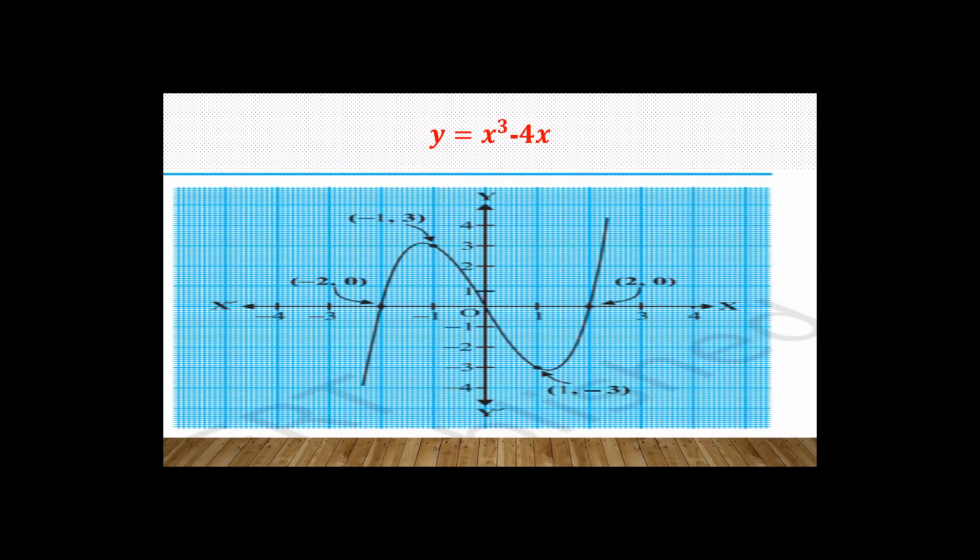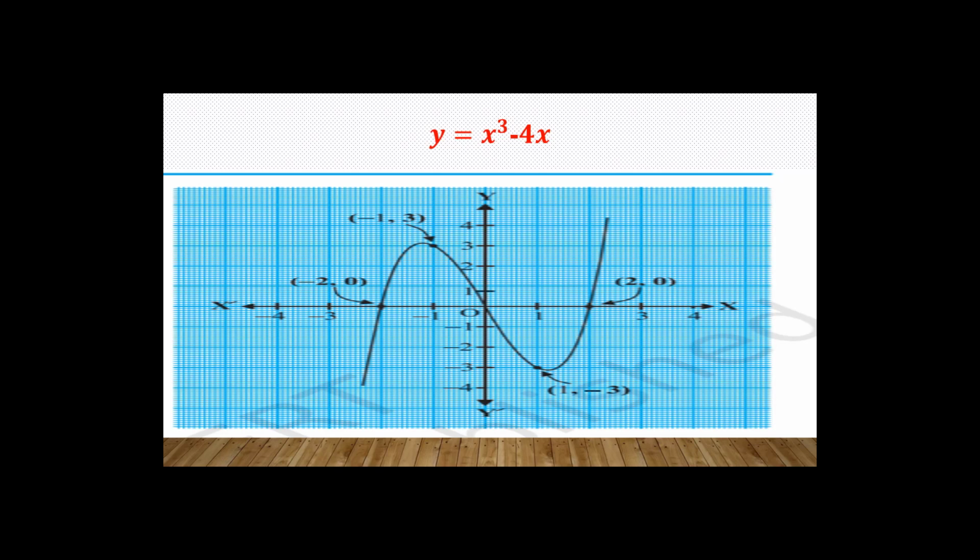So here is how the cubic polynomial x cube minus 4x is represented on the graph. Here it intersects the x-axis at 3 points. The first point is (-2, 0) from the left. The second point is the origin (0, 0), and the third point is (2, 0).